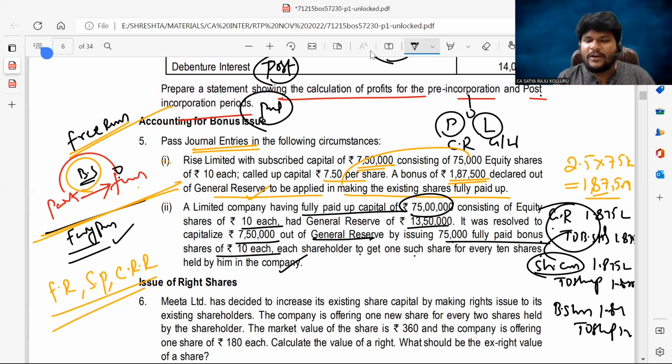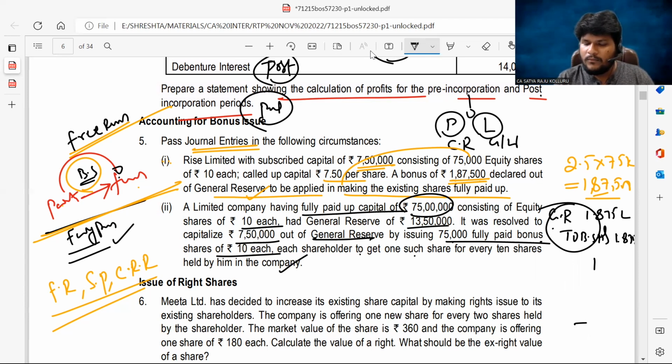Now there is no share call entry. There is no call entry, that is directly bonus to shareholders account debit to share capital account will come directly.